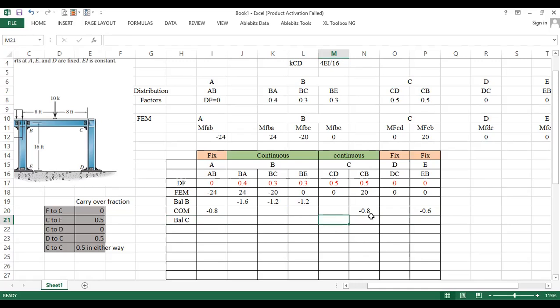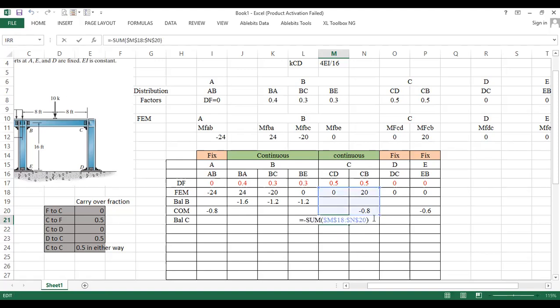You can see the summation is positive 19.2, so you have to balance that. You have to add negative 19.2.